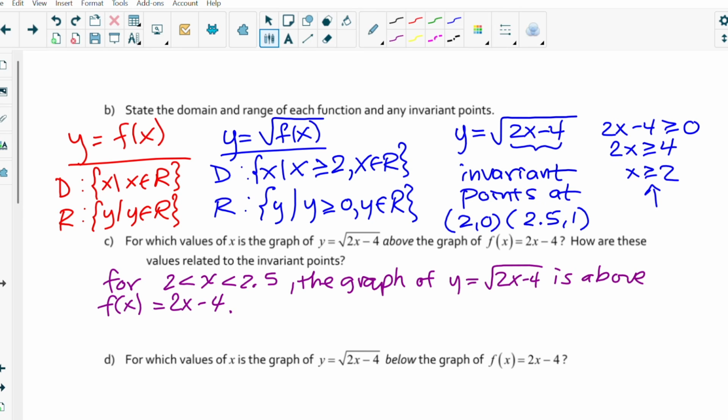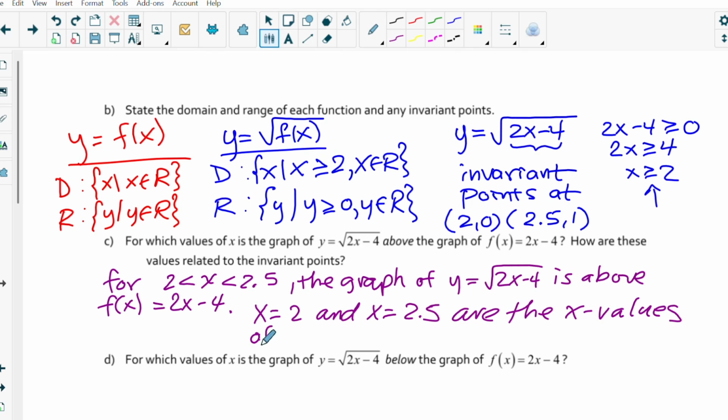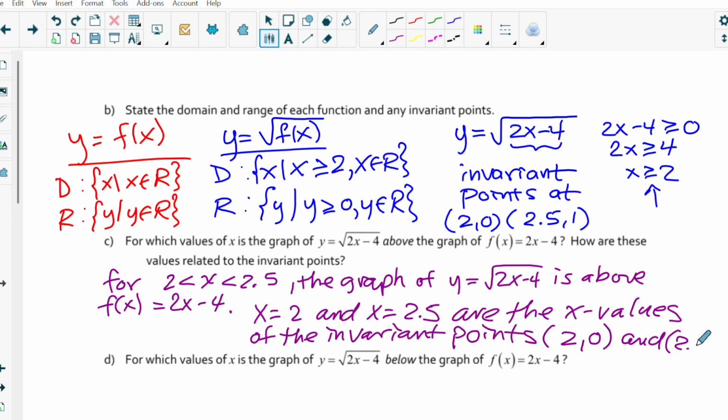How are these related to the invariant points? X equals 2 and x equals 2.5 are the x values of the invariant points, which are (2, 0) and (2.5, 1).